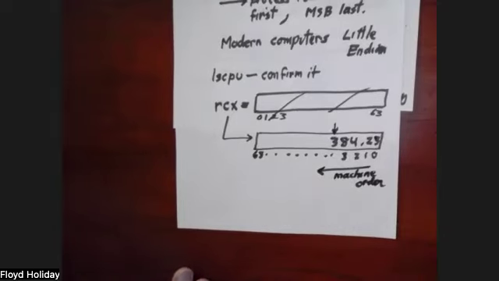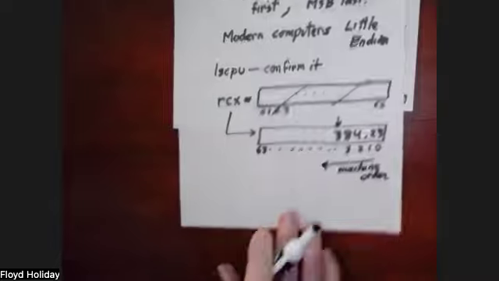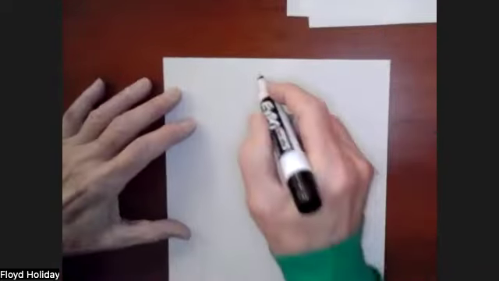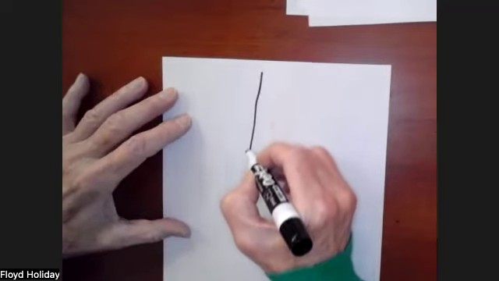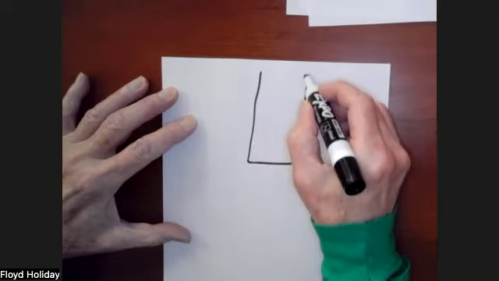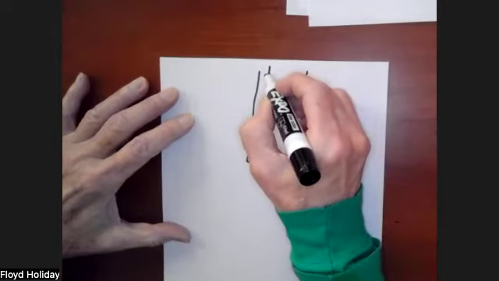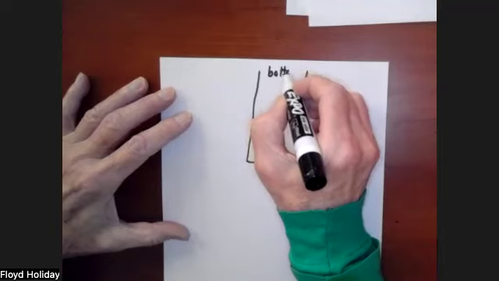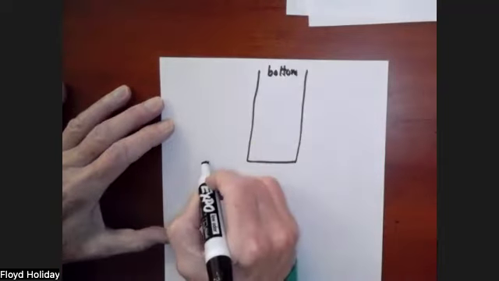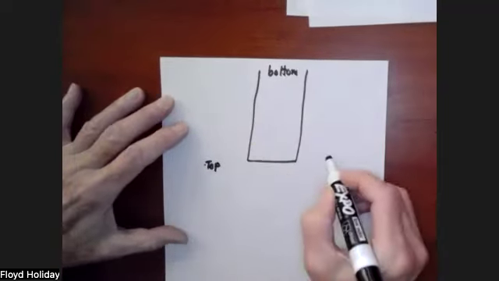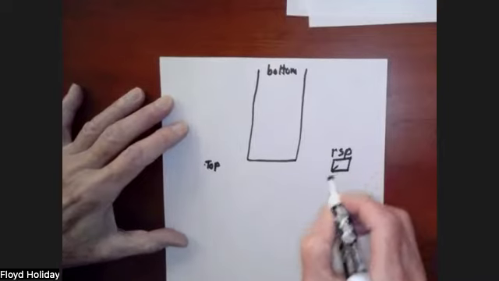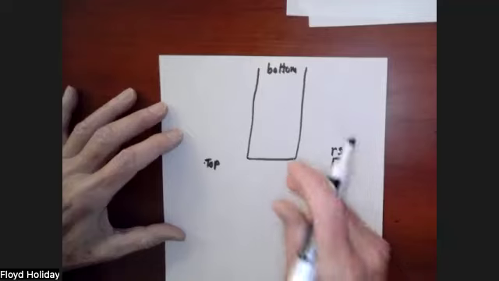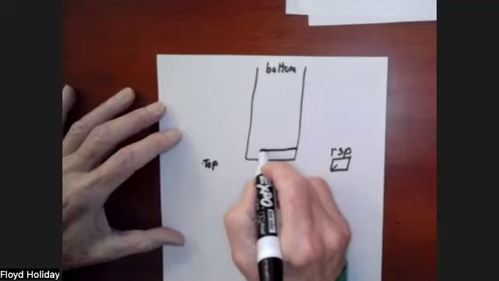What does that have to do with anything? One thing is, you might have noticed when I draw a picture of the stack, it's inverted. Bottom, top, RSP, the pointer. That's the bottom quad word.